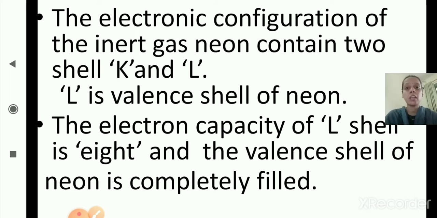If we see the structure of neon, in the K shell there are 2 electrons and in the L shell there are 8 electrons. So what is the maximum capacity of L shell? 8 electrons, right? So in the neon atom the electron capacity of L shell is 8 and the valence shell of neon is completely filled.